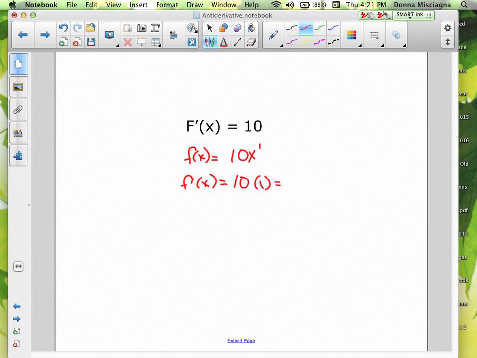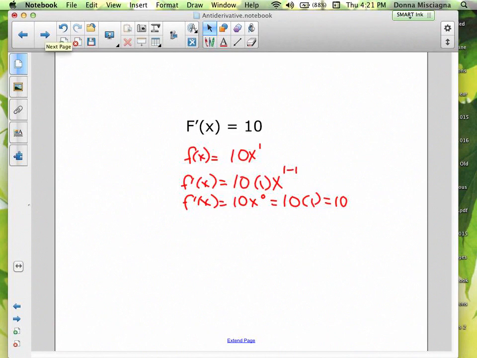And we would reduce the exponent by 1, if we're thinking about the steps in the power rule. So that would give us 10 times x to the 0, which is 10 times 1, which is 10. Right? Anything to the 0 power is 1. Okay, so this was a power rule, and the function that has 10 as its derivative is 10x.